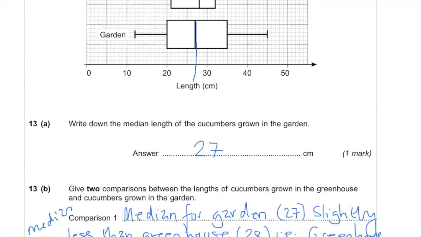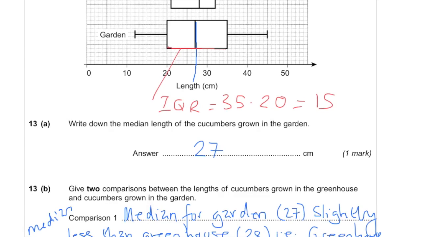Now our second comparison is going to be related to the interquartile range for each sample. Now the garden grown cucumbers have an interquartile range that stretches from here to here. So their interquartile range is equal to 35 minus 20, i.e. 15.